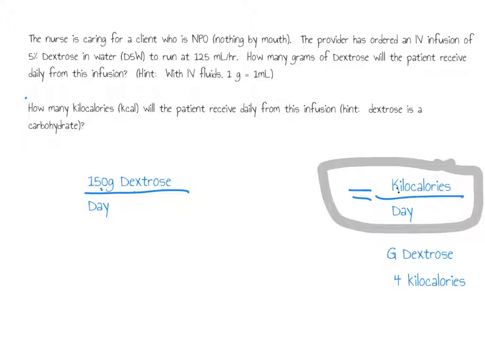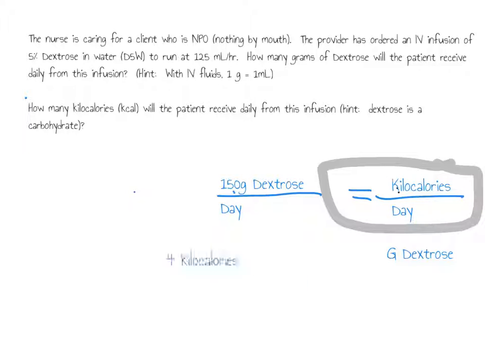So I have enough information to solve this problem. Like I said, I started with the end in mind. Now I need to make sure my day is on the bottom, and I want kilocalories on the top, and I want my grams of dextrose to cancel out, so this is pretty easy peasy.